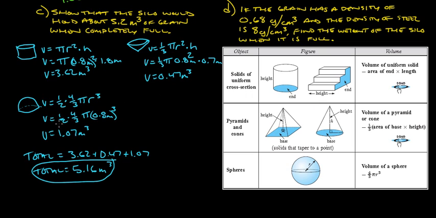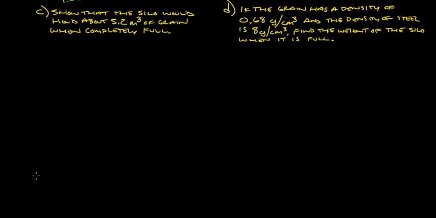Alright. Last one is problem D here. And it says that the grain has a density of 0.8 grams per centimeters cubed, and the density of steel is 0.8 grams per centimeters cubed. Find the weight of the silo when it's full. Okay, so remember that, let's see, it was density, right?